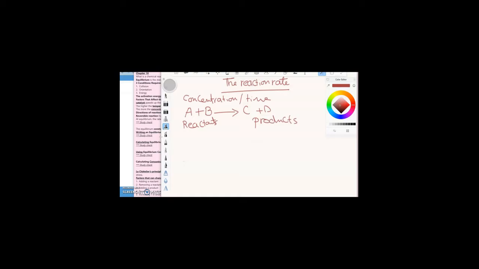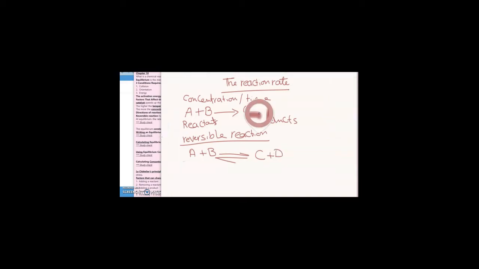Some reactions are called reversible. A reversible reaction is a reaction where A plus B equals C plus D. We call this one the forward reaction, and that one is the reverse reaction.